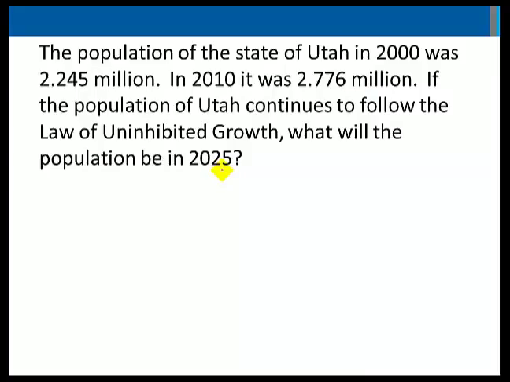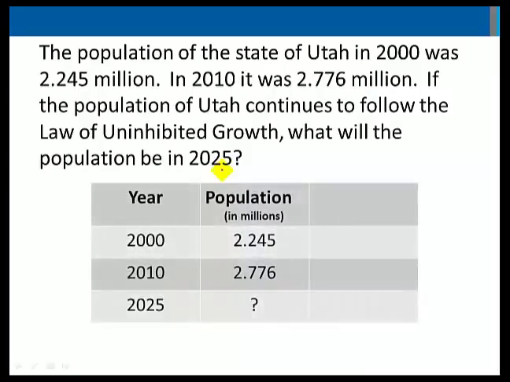I like to set up a chart to organize the details, and here I have the year and the population in millions. In the year 2000, the population was 2.245 million. In the year 2010, the population was 2.776 million. And in the year 2025, we don't know what the population will be. That's what we're trying to determine here.